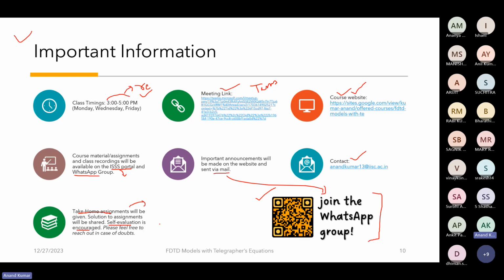That is some useful information about the class logistics. I'll pause here and let you think of any questions you might have. If you have any problems or concerns, you can ask them now. Meanwhile, if you are not added to the WhatsApp group, please scan the code and join.